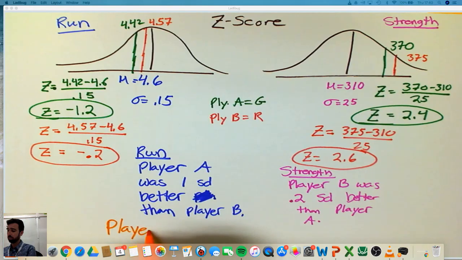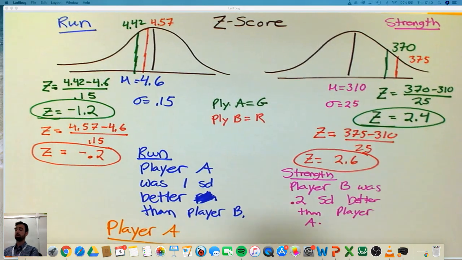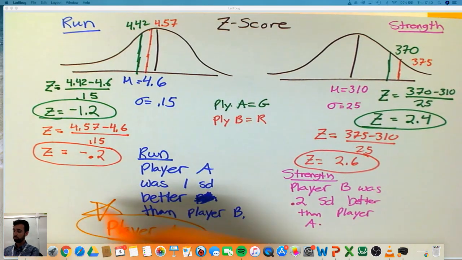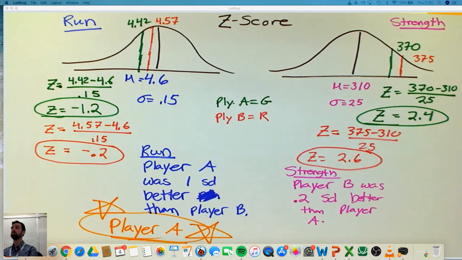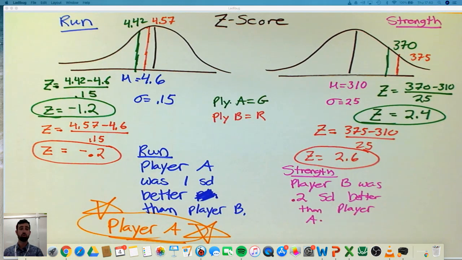The reason we think player A is going to be a better bet is because player A is significantly faster than player B, right? One whole standard deviation.